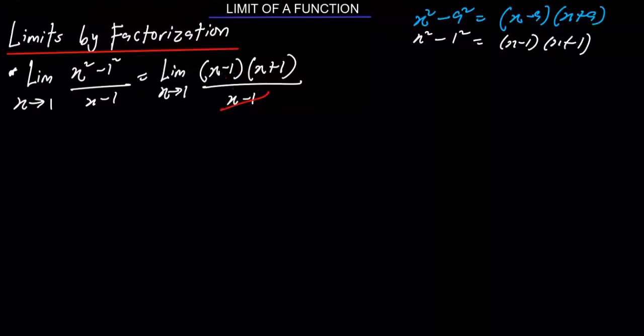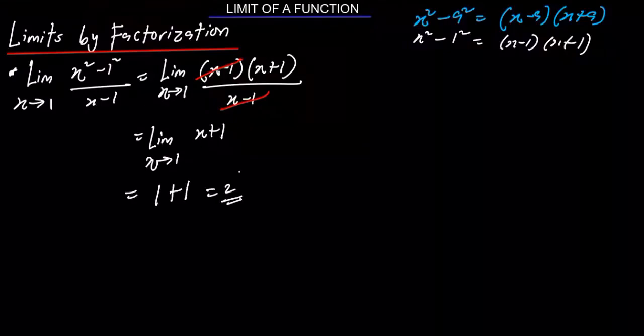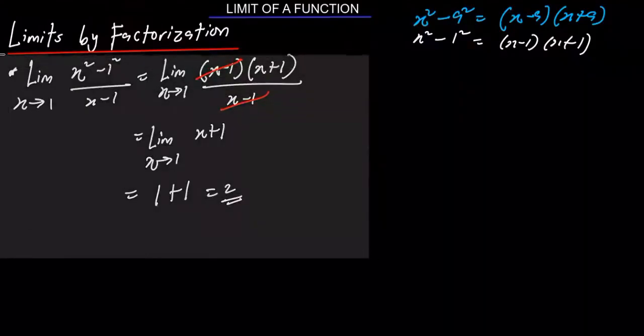This one will take care of this, and then you have the limit as x tends to 1 of x plus 1. Now you can apply direct substitution. This will give me 1 plus 1, and my answer equals 2. That is the easiest of all questions by factorization. Okay, let's go a little bit further.